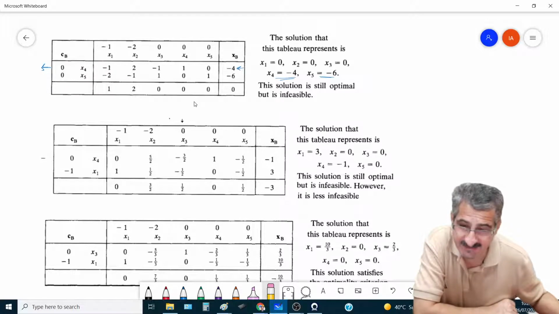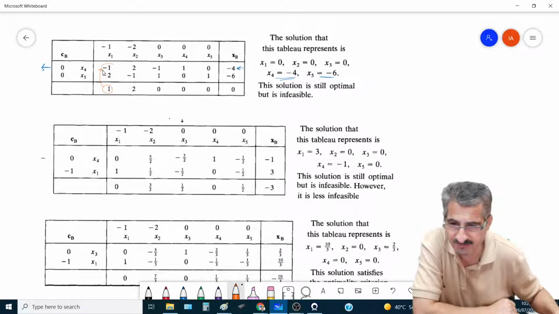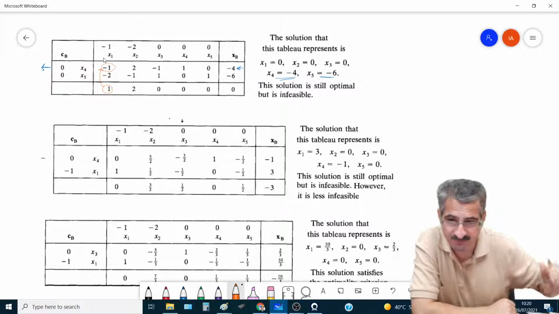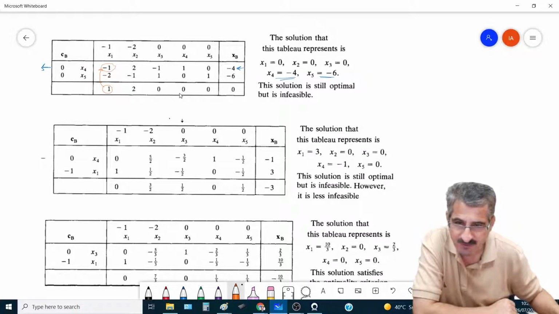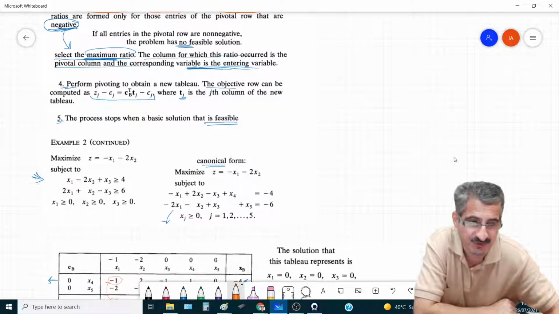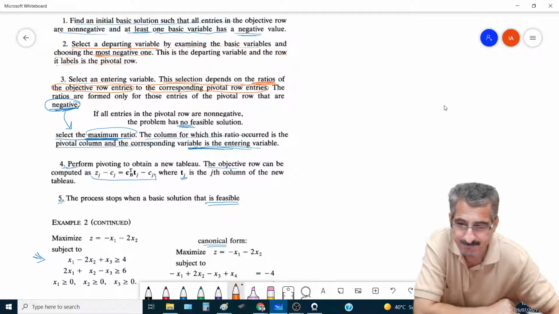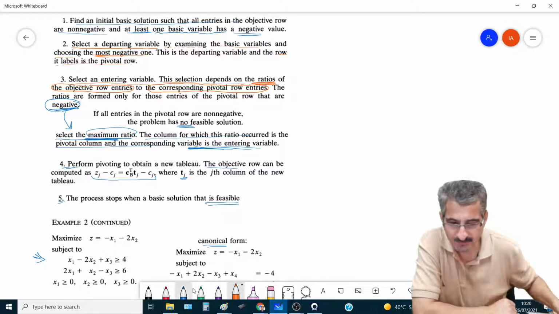How to decide the entering variable? We will compute these ratios. 1 over -1. These are the entries in the pivotal row, and we take only the negative ones.